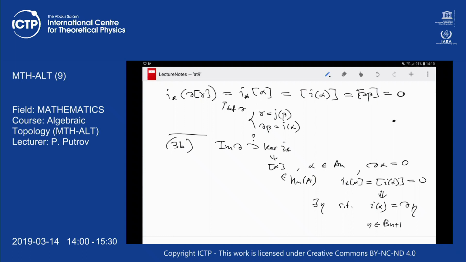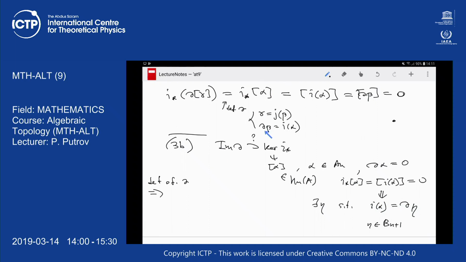And so let me remind you of the definition of D. I can imagine that this eta plays the role of beta here.